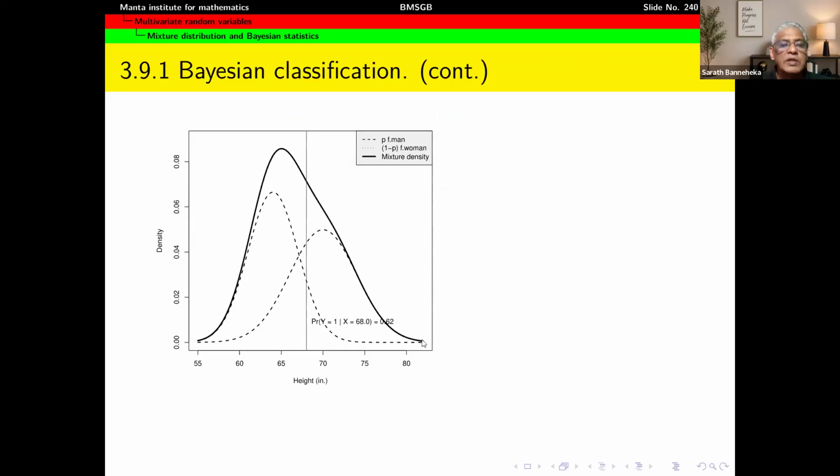The mixture density function is going to be, for example, 0.5 times the density of men plus 0.5 times the density of women. You can see that even though these have two different modes, because there is a large amount of intersection here, the mixture density looks like it has only one mode.